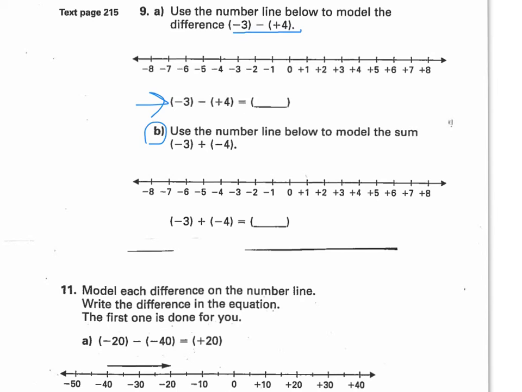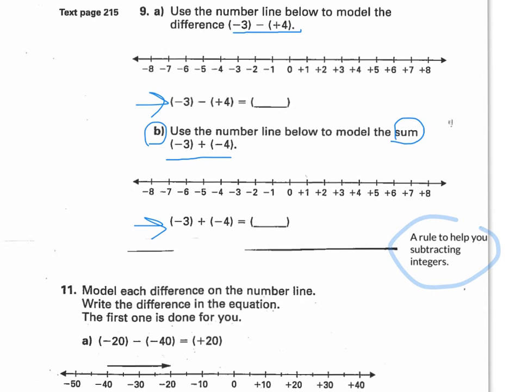Then for B, I want you to use the number line to model the sum of the addition question, -3 plus -4, and tell me what the answer is. What do you notice about your answers? Can you think of a rule that will help you when subtracting integers? We will discuss it in class.